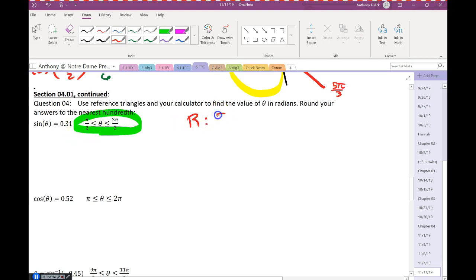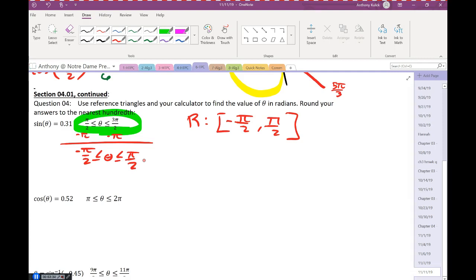Remember the range for sine that we're looking for is negative pi over 2 to positive pi over 2. So if I subtract pi from both sides of this, I would get exactly that, right? So now, if I take sine inverse of 0.31, I'm going to get about 0.315 from my calculator.